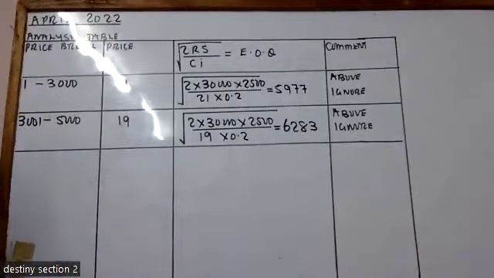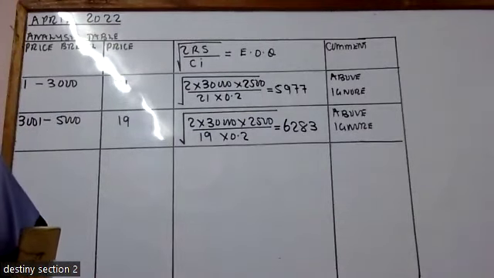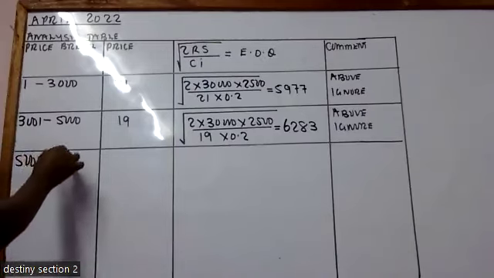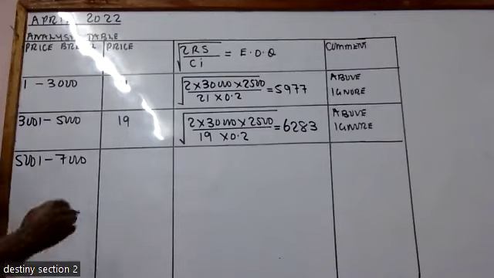Right. Let us go to the next. The next break is 5,001 to 7,000. So the price there is given as 17.